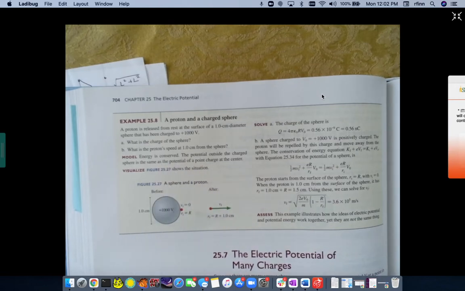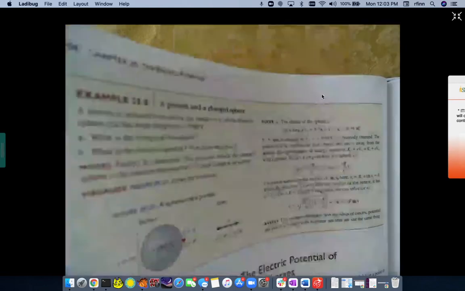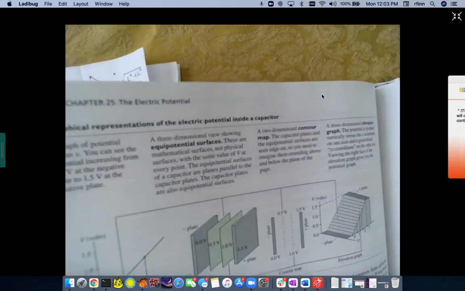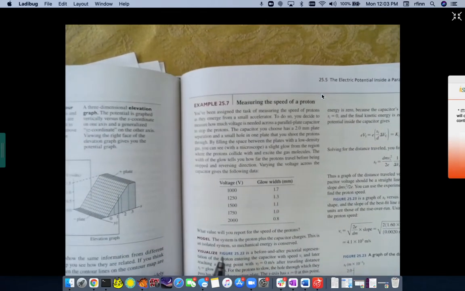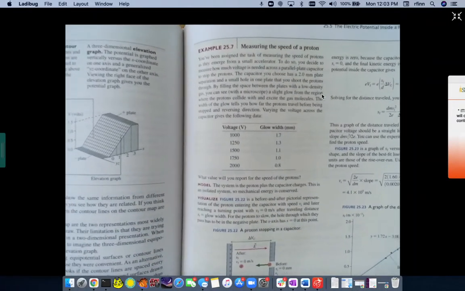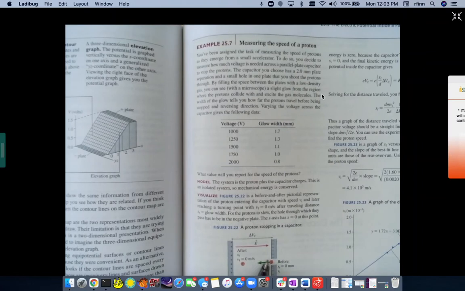So anyway, for most of the examples in Knight, he does give the model. Let me see if I can find another one quick. So here's another one, right? This is actually almost exactly like the last proton whiteboard problem that we have. So modeling the system as a proton and a capacitor, it's an isolated system, so mechanical energy is conserved.